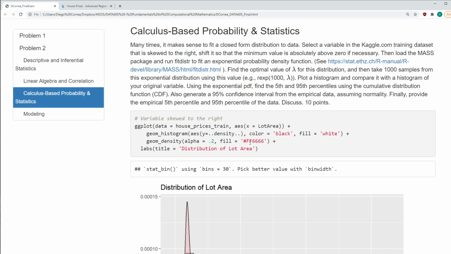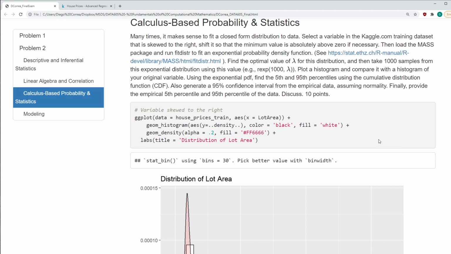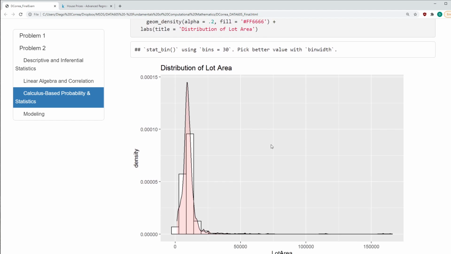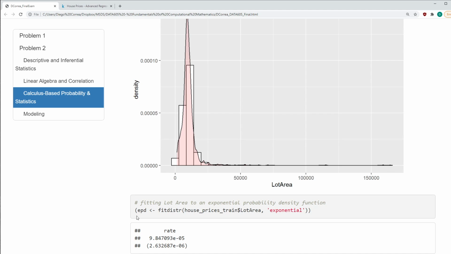First thing to do is find a variable that's skewed right, and here is the distribution of lot area, and so I will be using the variable lot area. So I fit the lot area variable to an exponential probability density function using the fit this TR function.